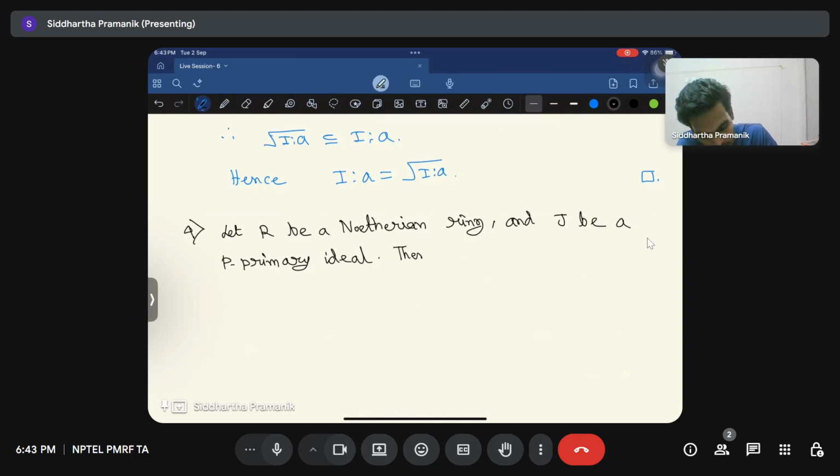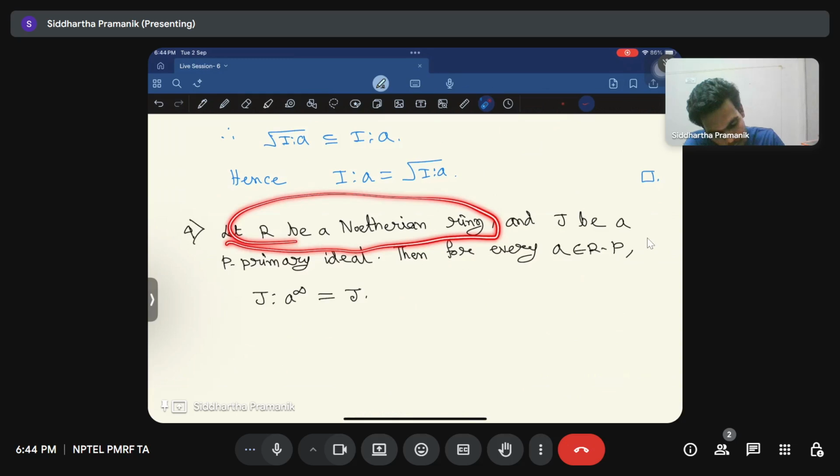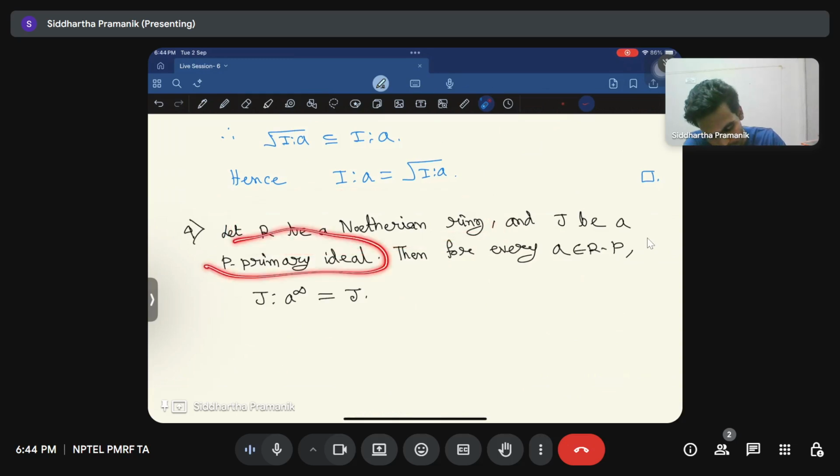Then for every A in R minus P, the saturation of J with respect to A is the same as the ideal J. So R is a Noetherian ring, J is a P primary ideal.